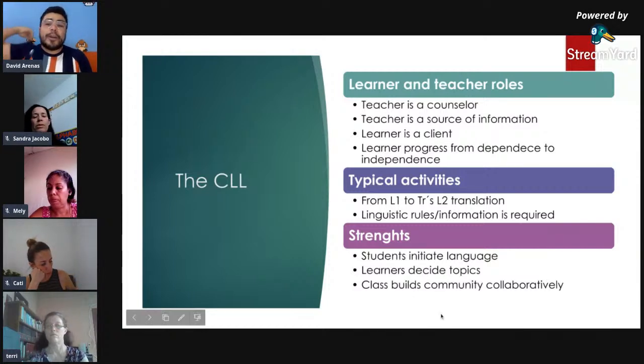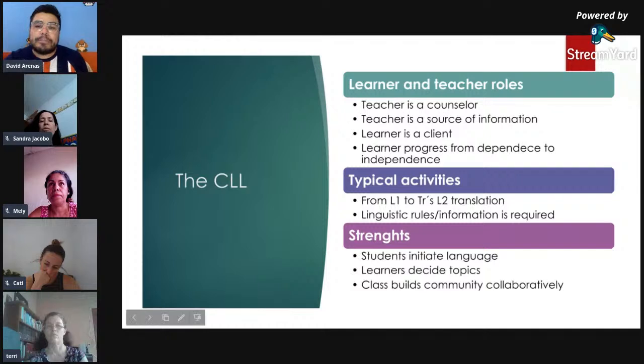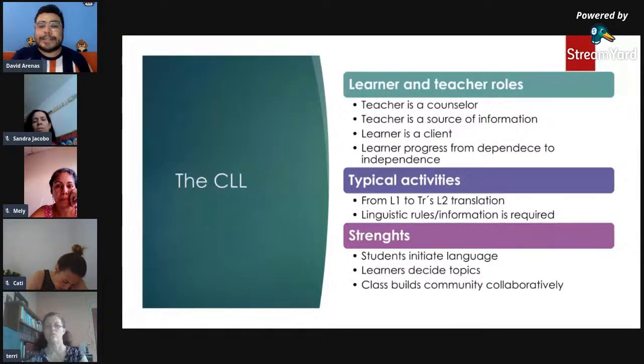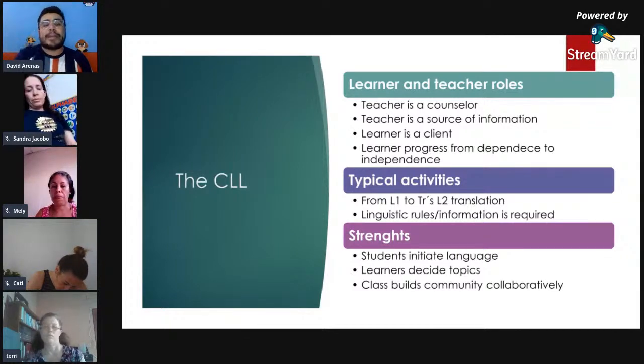There were also concepts about what the students were supposed to learn and to be able to do. One of them is dependence or independence. The learner's progress started from being dependent on the teacher, waiting for the teacher to give them everything: the topic, the rules, the vocabulary.